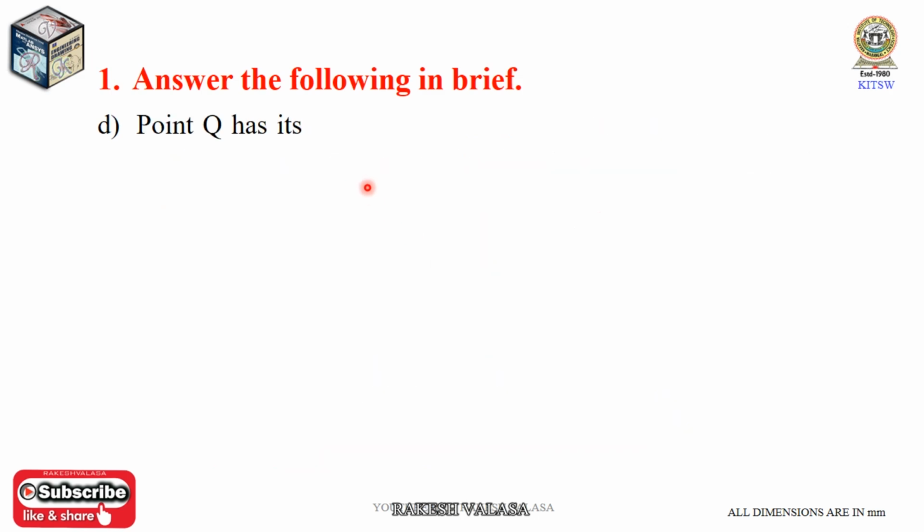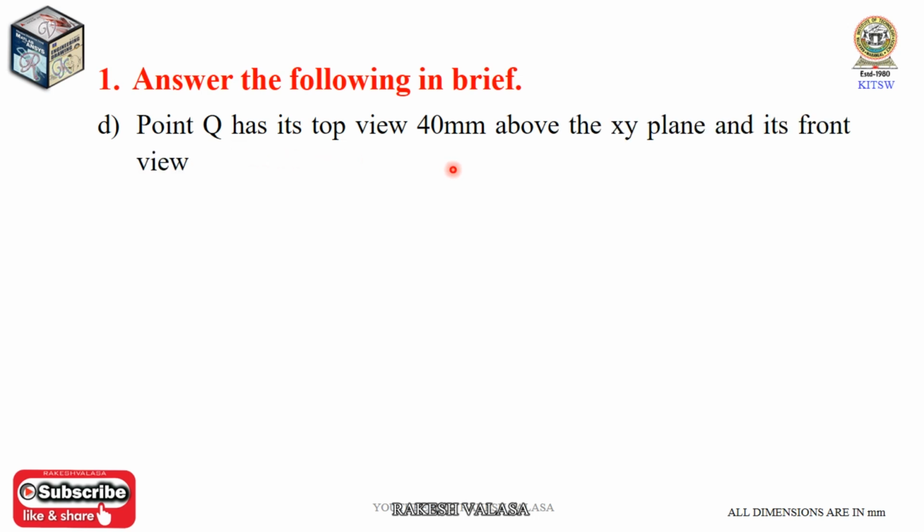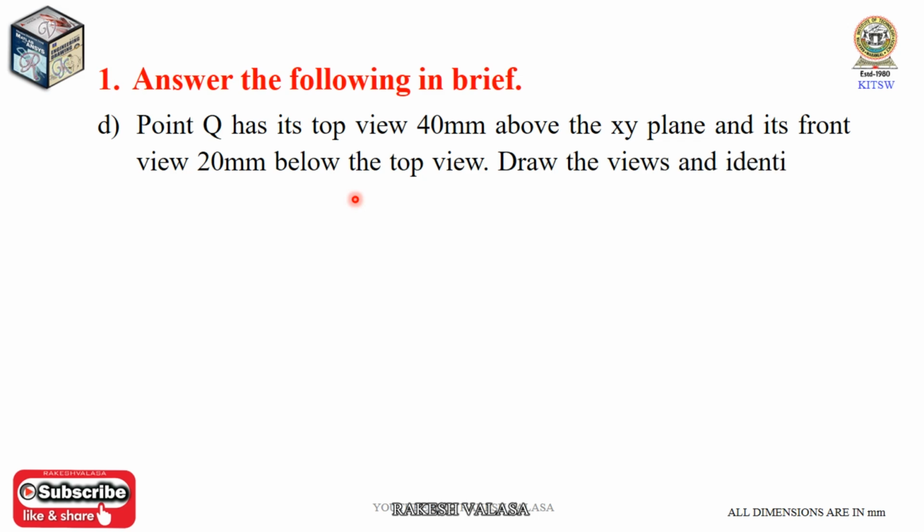Question number D. Point Q has its top view 40 mm above the XY plane and its front view 20 mm below the top view. Draw the views and identify the quadrant. Okay, first draw the XY line. In the given question, he has clearly mentioned that point Q has its top view 40 mm above the XY.